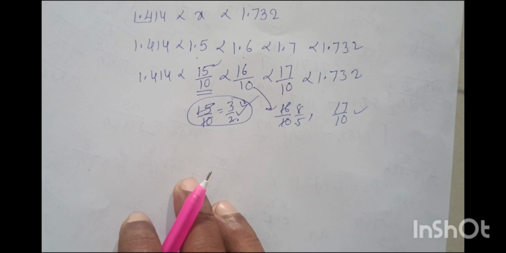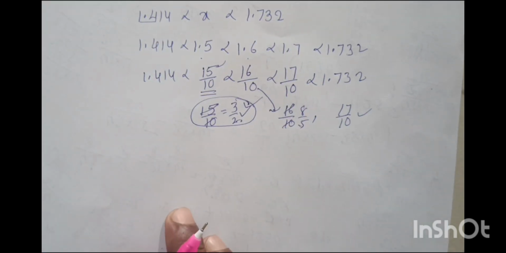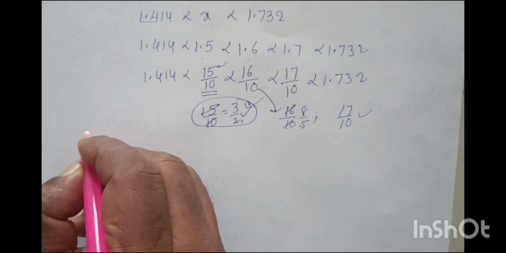Here we take any rational number between √2 and √3. Now the second method.